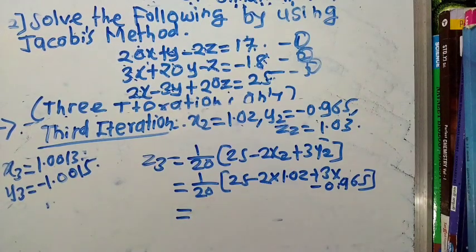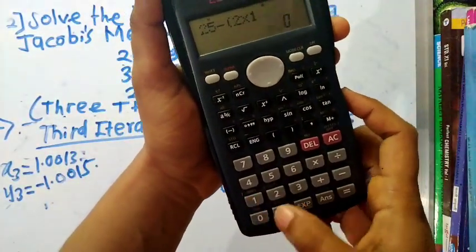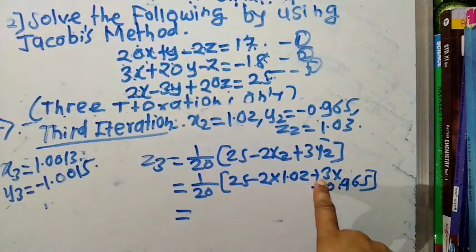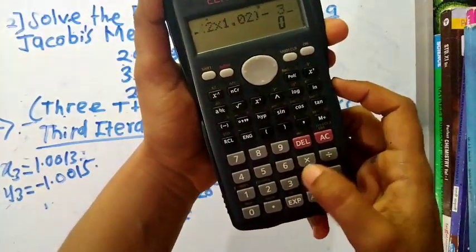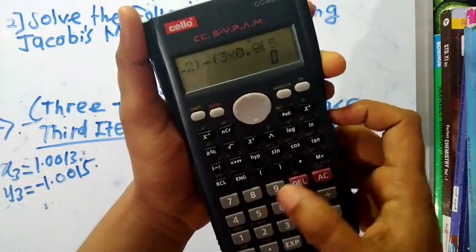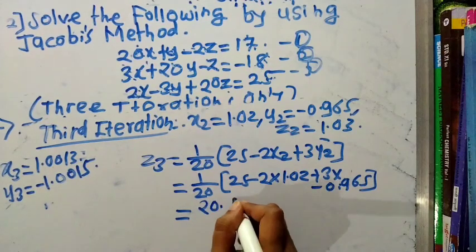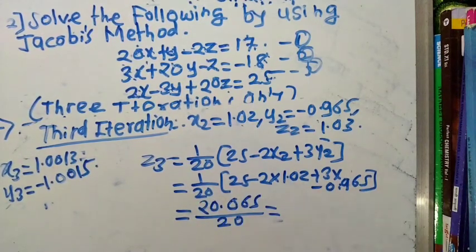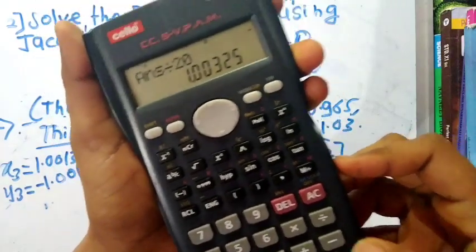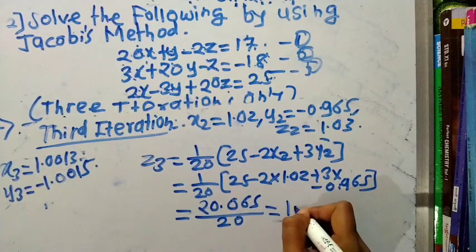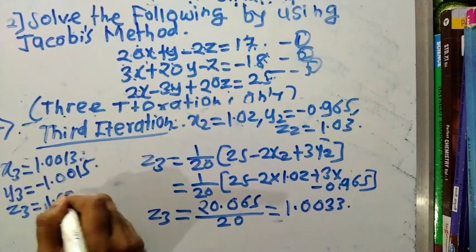Which is equal to 25 minus 2 into 1.02 plus, so here minus, minus 3 into 0.965, which is equal to 20.065. 20.065 divided by 20 is equal to 1.0033. These are the z3.